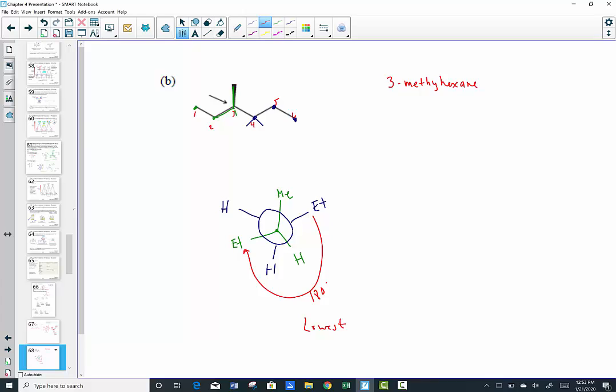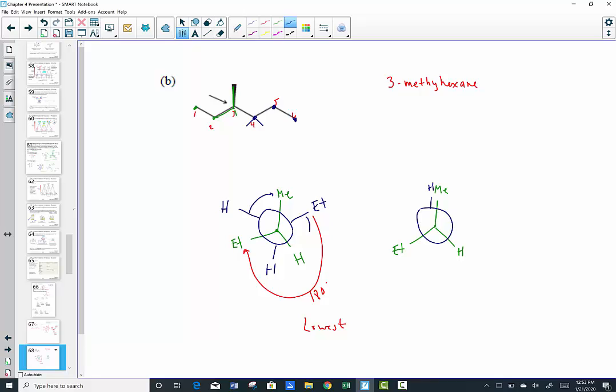Now this particular molecule has quite a few conformations. If I keep the front carbon in the same position, but I spin the back carbon 60 degrees, right? So I'm going to spin this hydrogen now, it comes up behind the methyl.